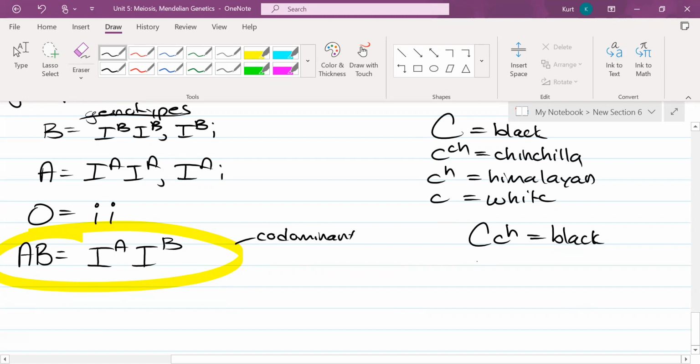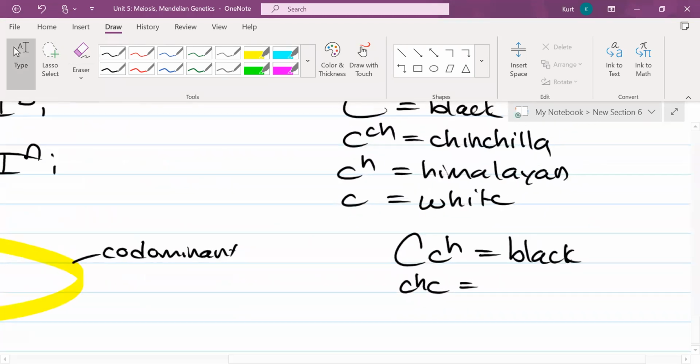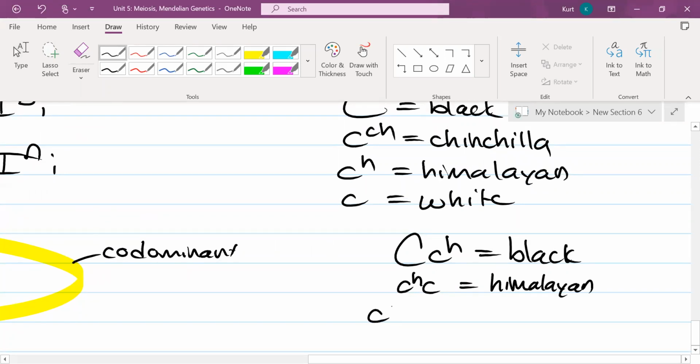How about this? No. Where do you see the chinchilla would be this? That's Himalayan. What is this?